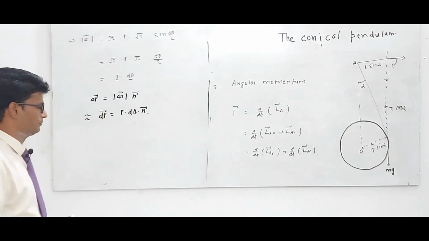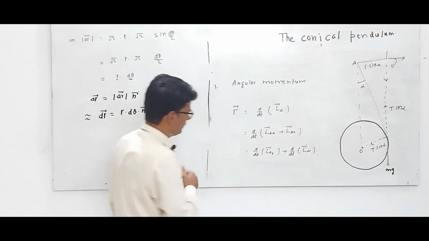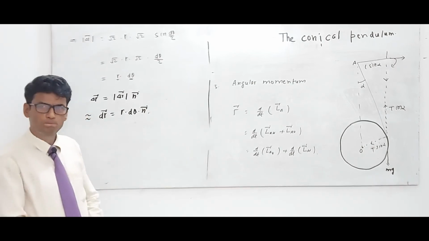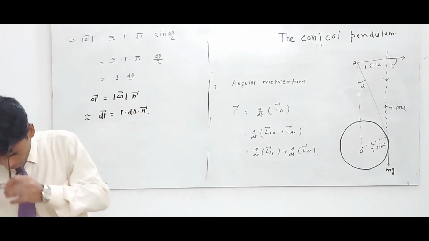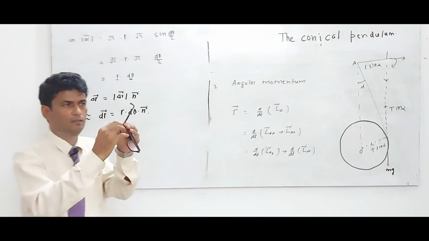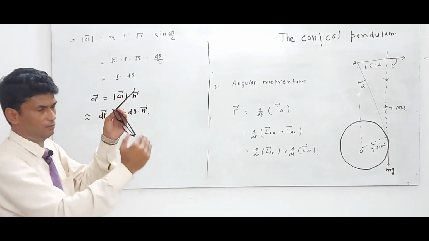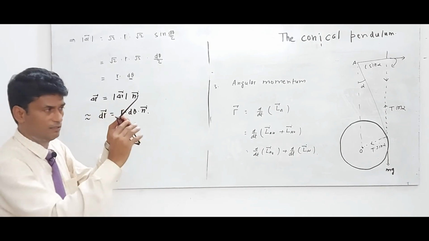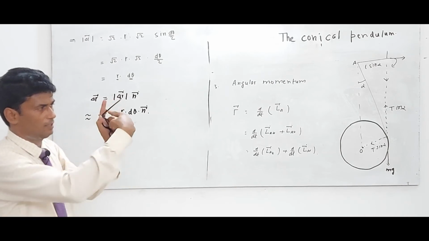Let us see firstly this d by dt of the vertical component. Look at here, this is the angular momentum, and this is the length of the string, say taken as r vector. This is the vertical and this is the horizontal.